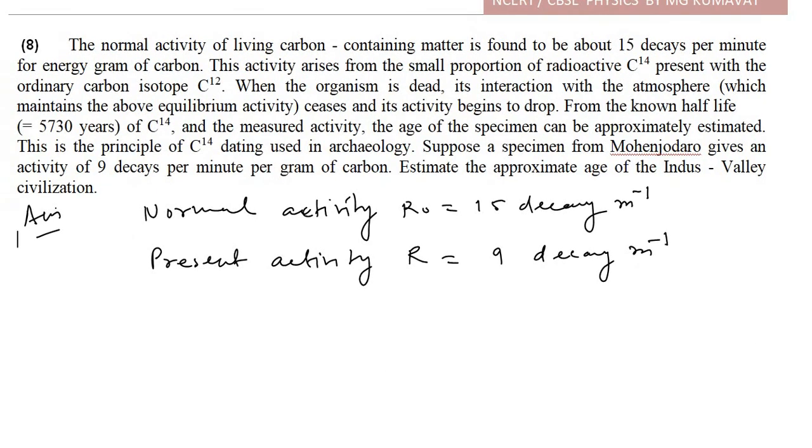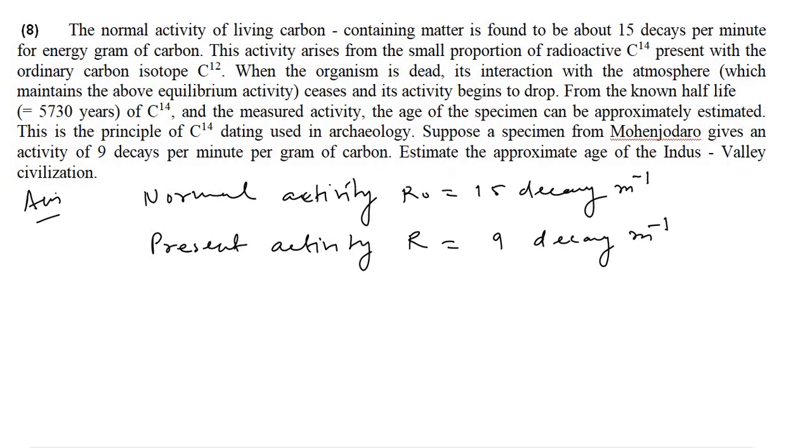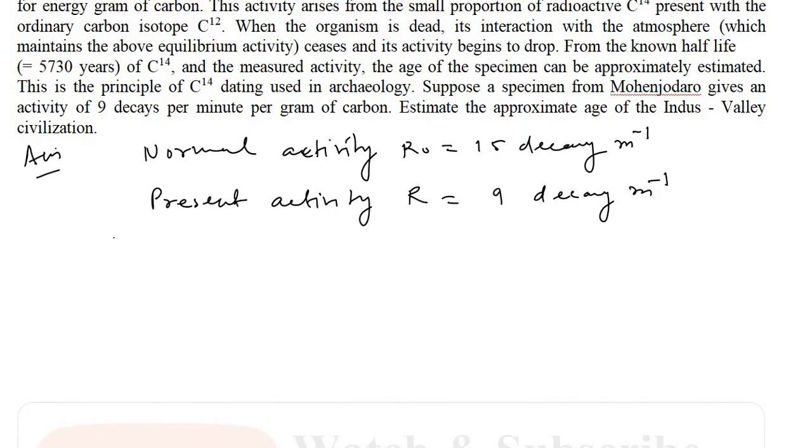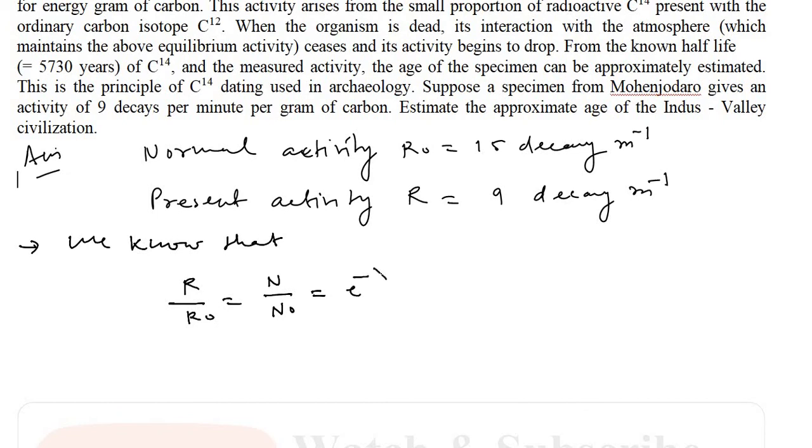Dear students, we know that activity is proportional to the number of radioactive atoms. I think you know this from the last numerical. So we know that R upon R naught is equal to N upon N naught, which is equal to e raised to minus lambda t.